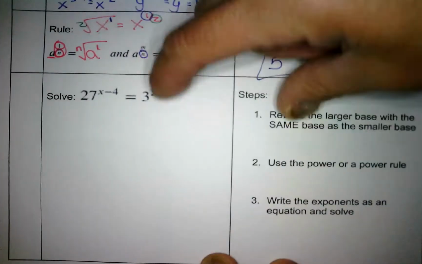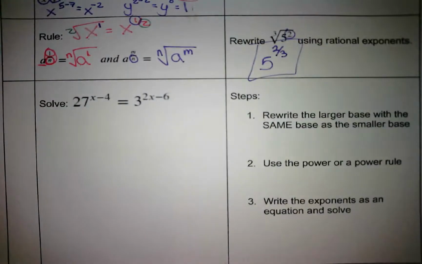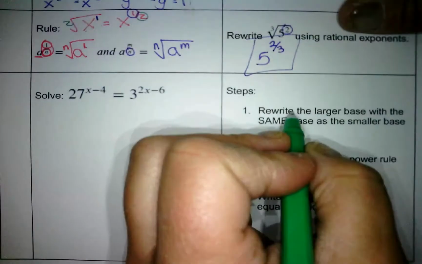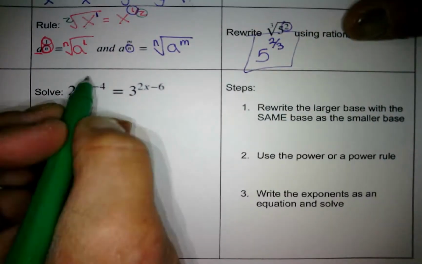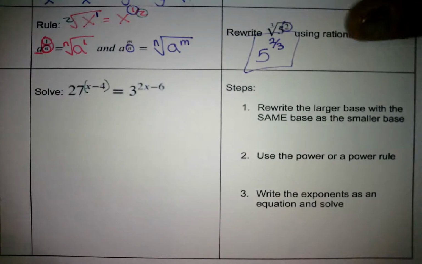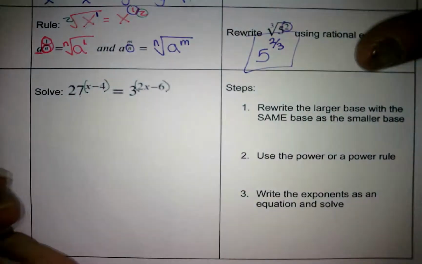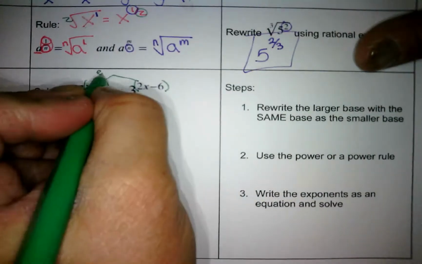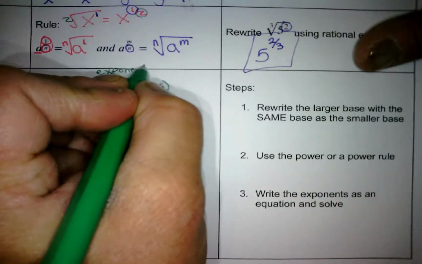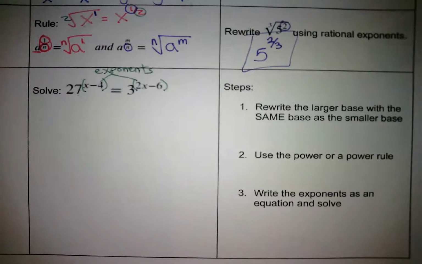I have the number 27, and it's all raised to x minus 4. And then I have a 3, and it's all raised to 2x minus 6. These two expressions are my exponents. I can't solve a problem if I have a variable in the exponent. I have to do something to rewrite this.